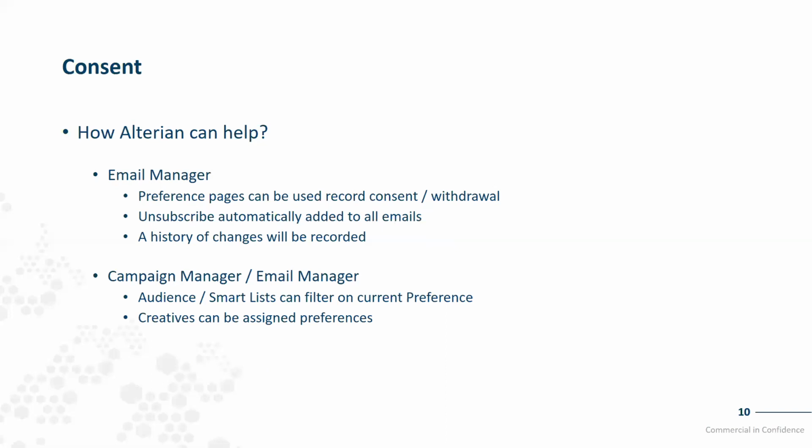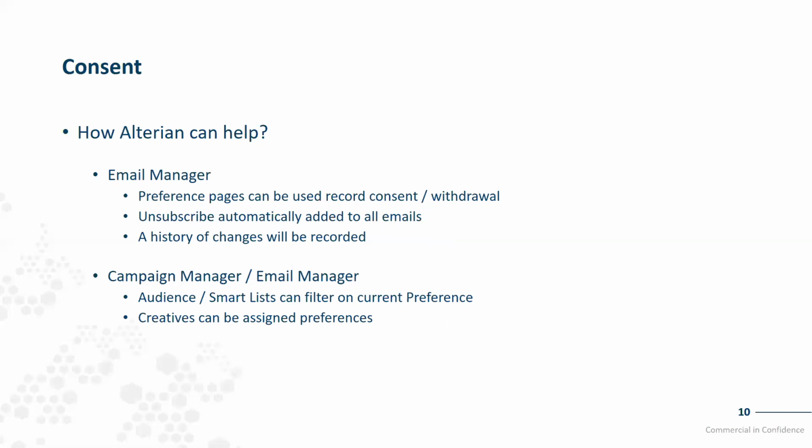And then within the creative itself, I can assign preferences to the creative. So this creative is a newsletter, which also has DIY elements in there as well. Now, if anyone knows me, I hate DIY, so I would never opt into the DIY preference. And I'm not keen on newsletters either. So I've opted into neither in terms of my preferences within Email Manager.